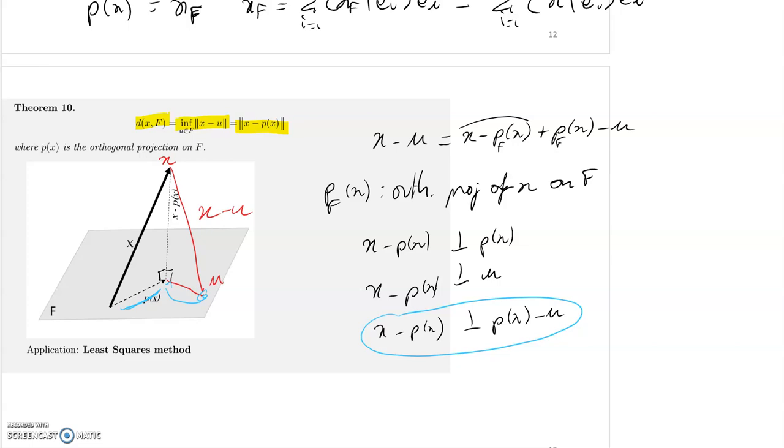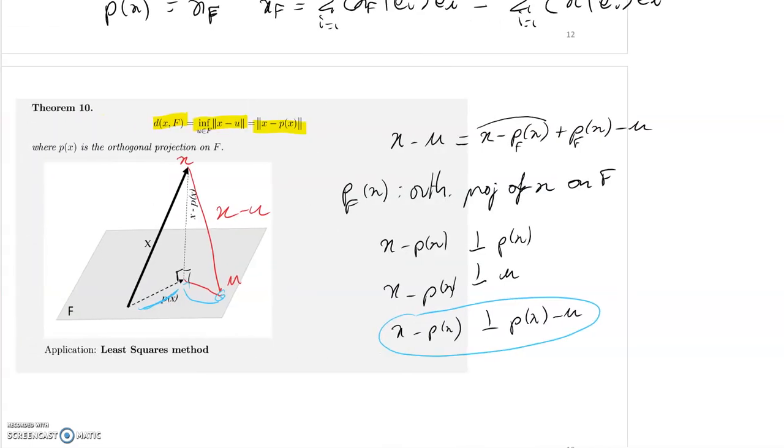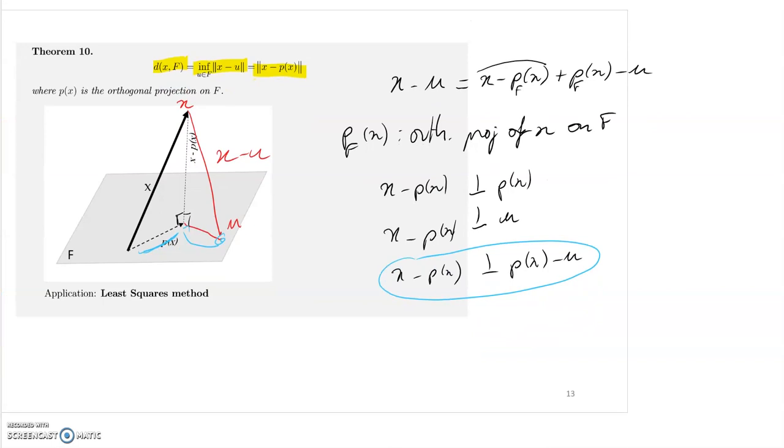So the important thing is that you have this orthogonality between those vectors. Now, maybe I can keep this drawing, it's a nice one. If you write the distance squared, x minus u squared, let me rewrite this as x minus p of x plus p of x minus u, squared.